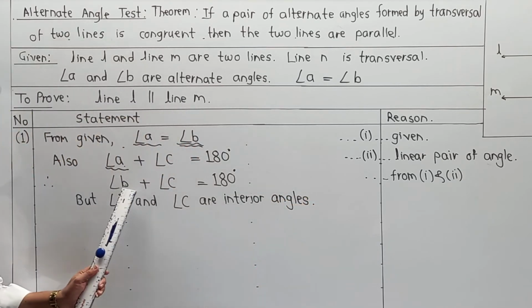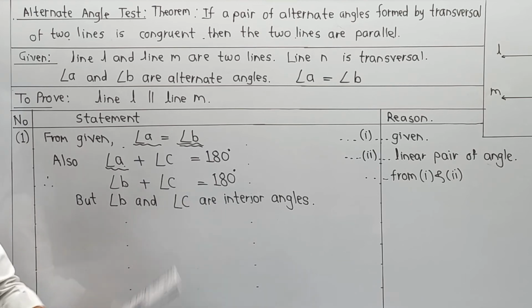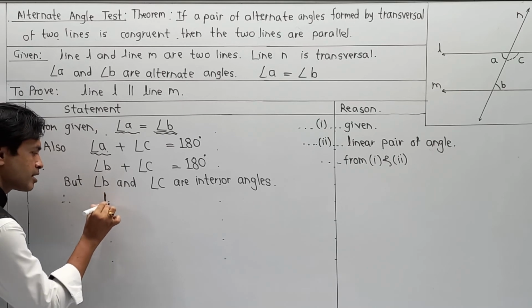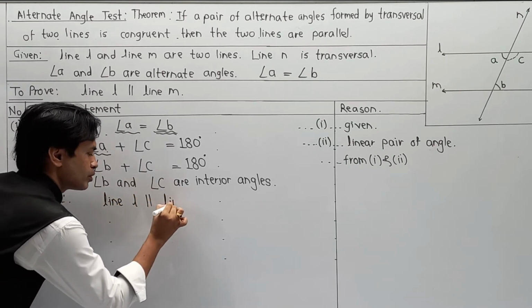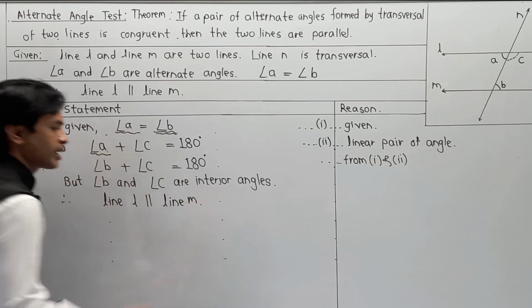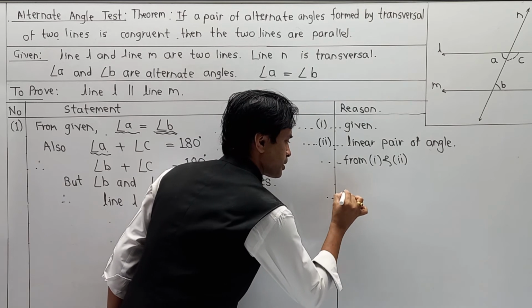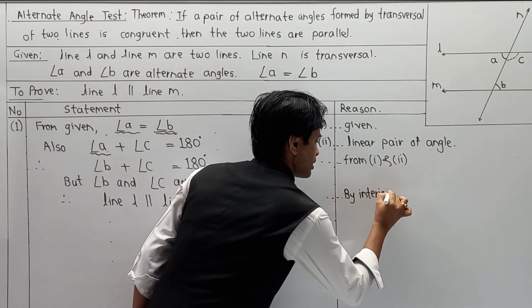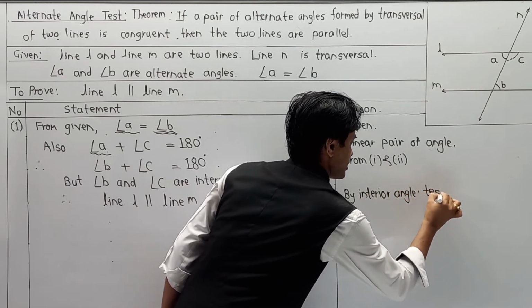If the addition of interior angles is 180, meaning supplementary, naturally the lines are parallel. Therefore, automatically we can say that line L is parallel to line M, and the reason is the interior angle test theorem.